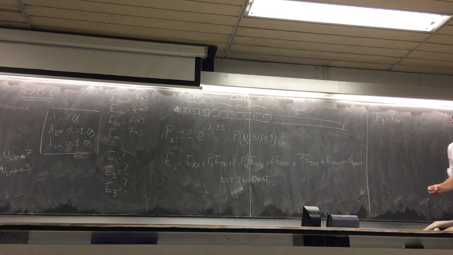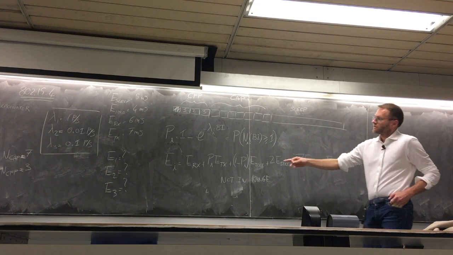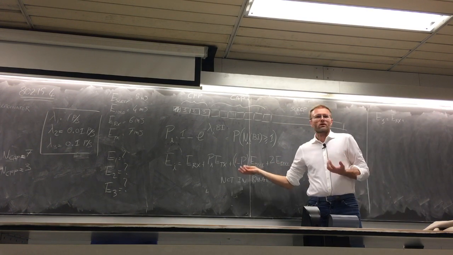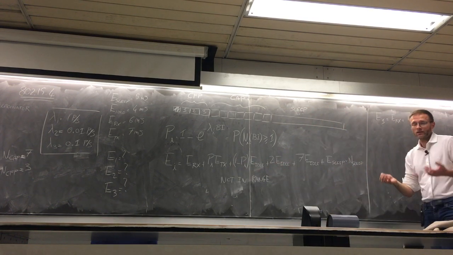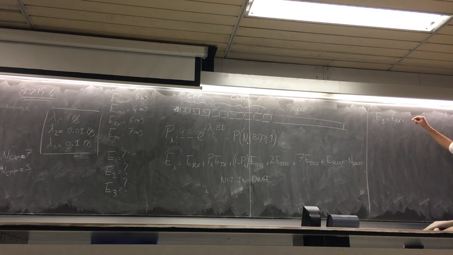Then, just like here, in its own slot, it might have a packet to be sent or not. So it's exactly like that expression there: P1 E Tx plus 1 minus P1 E idle.